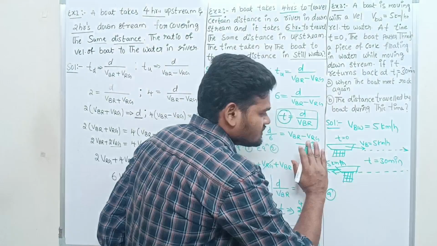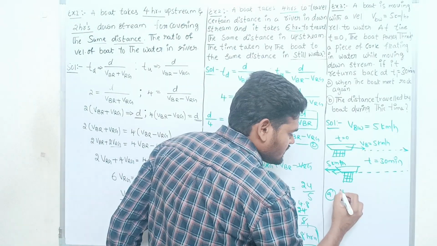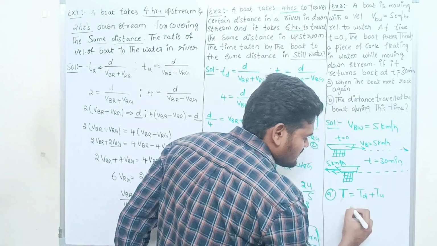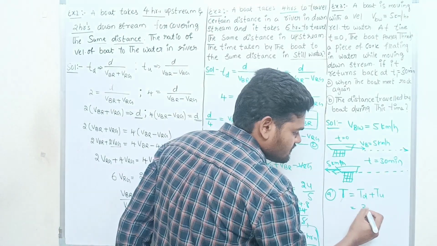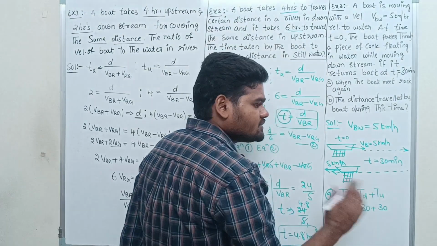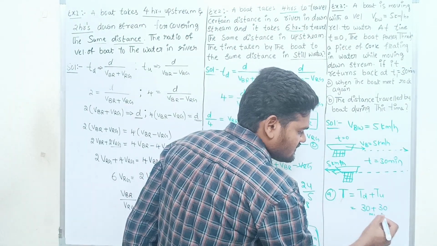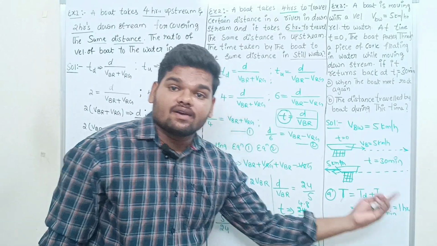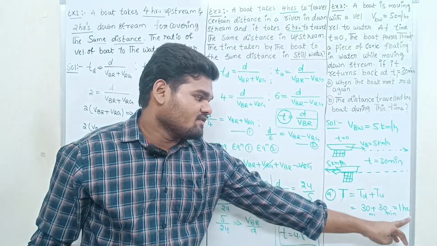So it is 30 minutes downstream. Total time is downstream plus upstream. So it moved 30 minutes downstream plus 30 minutes upstream, 30 minutes plus 30 minutes, how much? 1 hour. So the boat meets the craft after 1 hour.